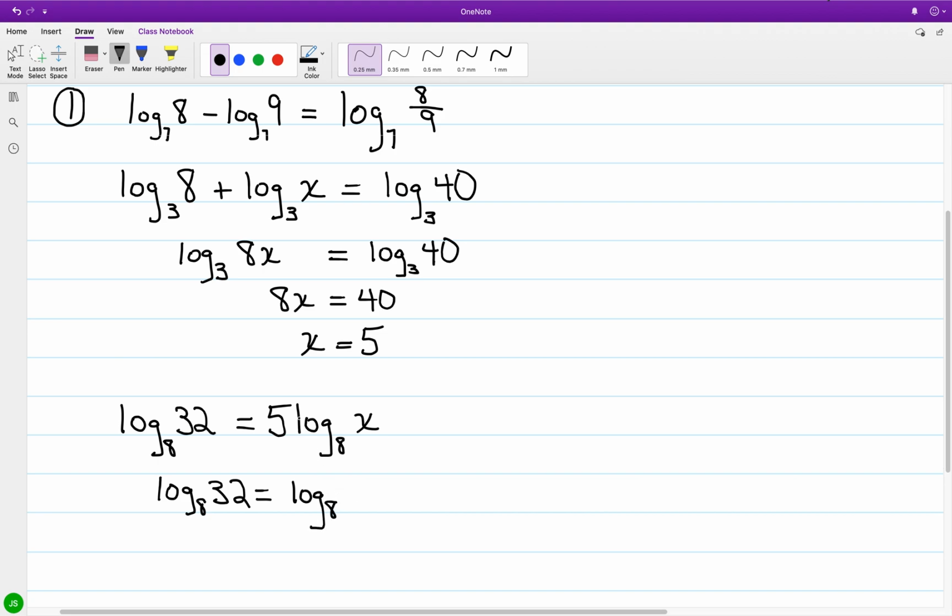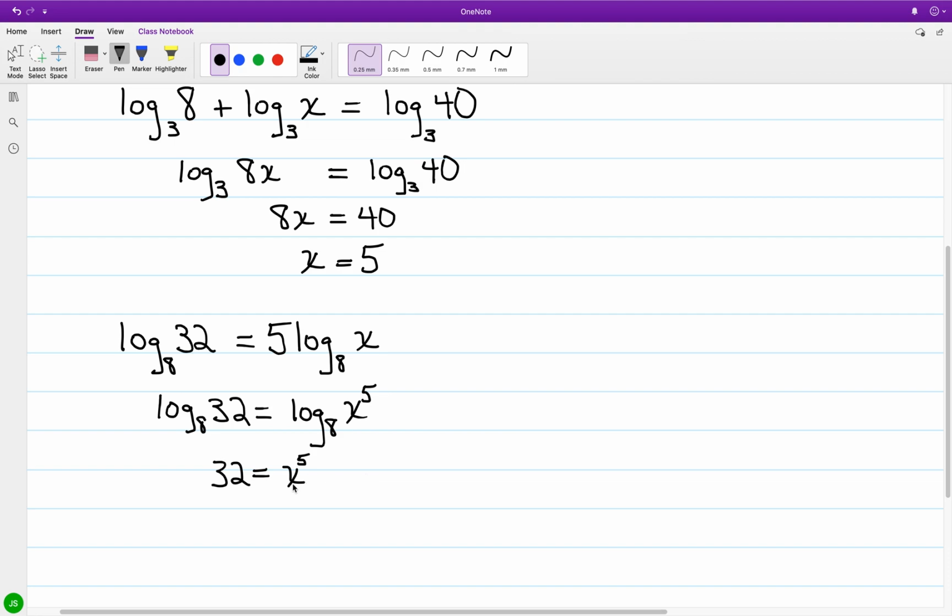So going from 5 the coefficient to an exponent, we have the base 8 logarithm of x to the 5th, with the attachments set equal to each other. So we have 32 is equal to x to the 5th. And in solving for x, I can just take the 5th root of both sides.